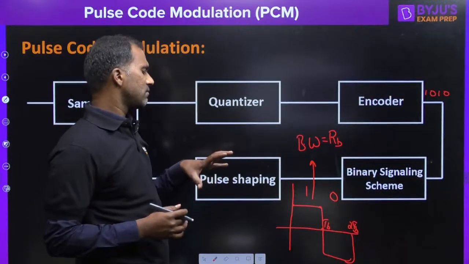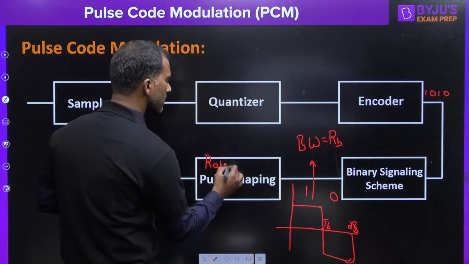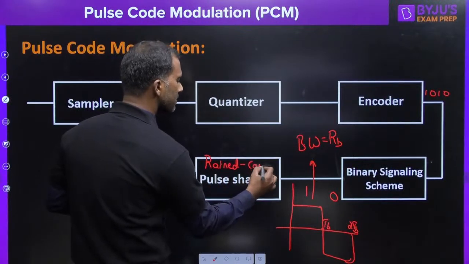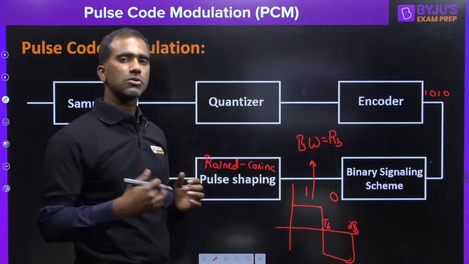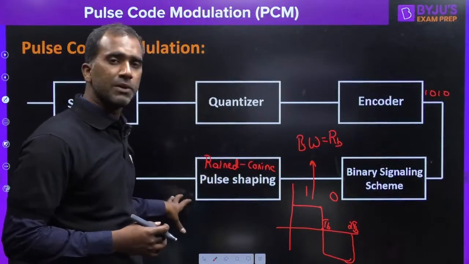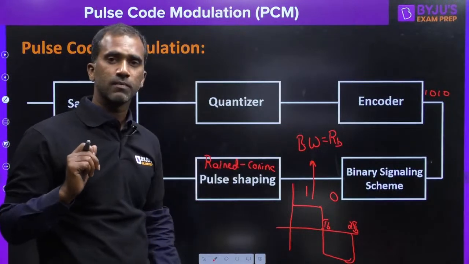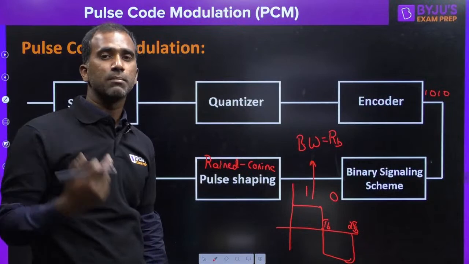There are multiple pulse shaping techniques, and the mostly used one is the raised cosine pulse shaping technique. This technique will design the pulse shape properly, so that two things are done: we can reduce the bandwidth, and we can also avoid intersymbol interference.